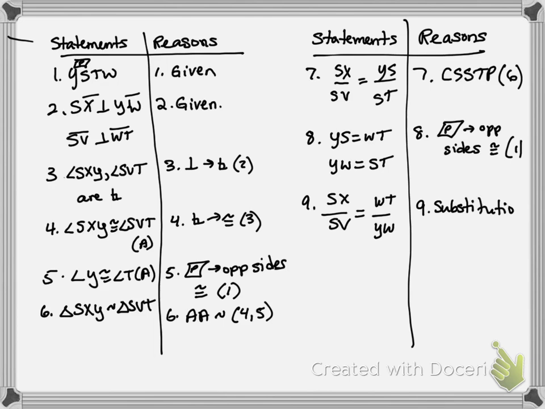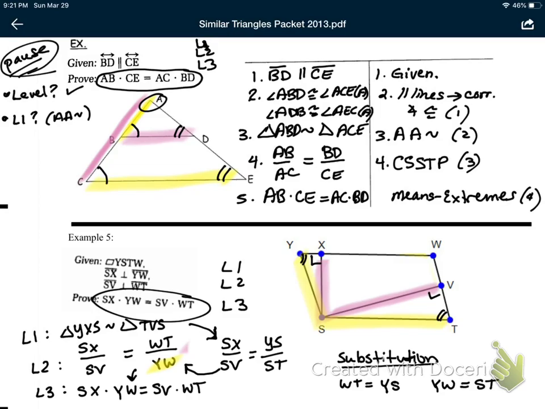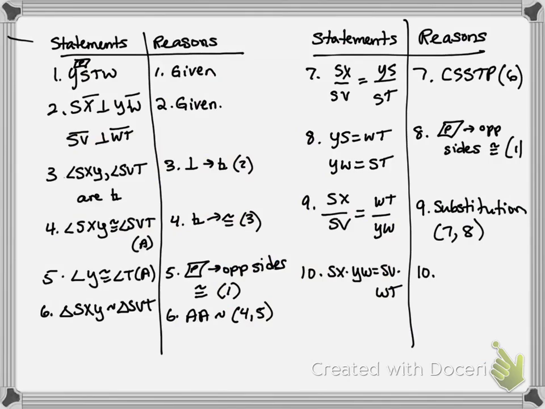And when you use substitution, you have to put the one you're substituting into and the justification that they're equal. So substitution on 7, 8. And now we can cross product that, giving us SX times YW equals SV times WT, which I believe is what we're trying to prove, and we can call that means extremes.